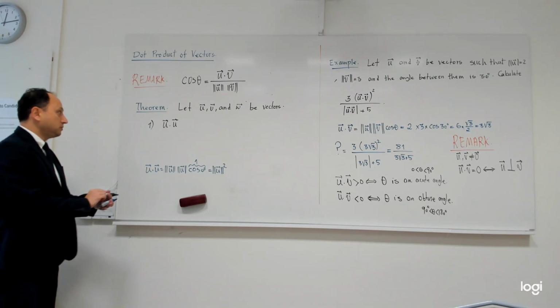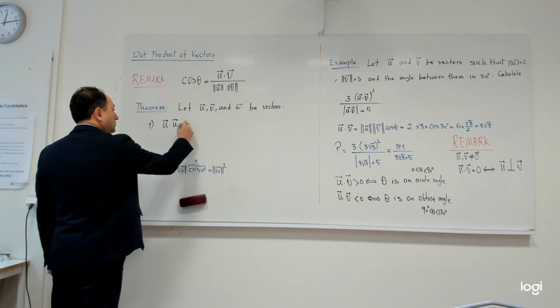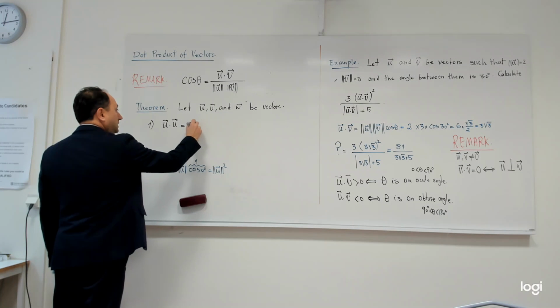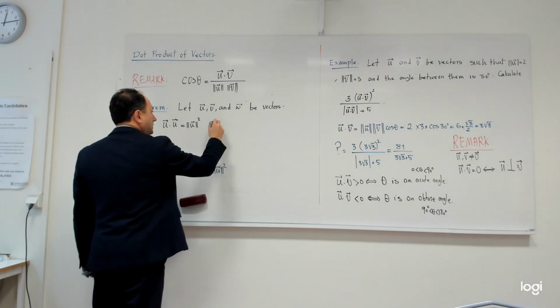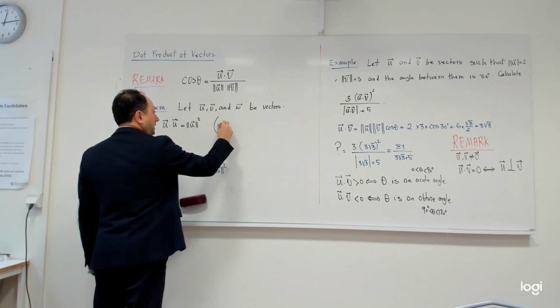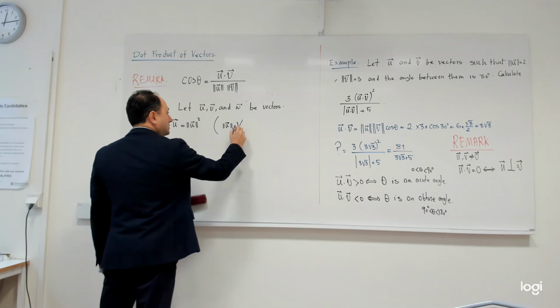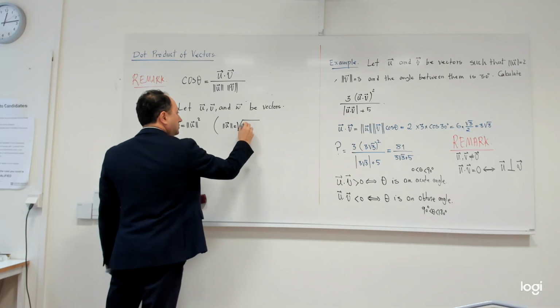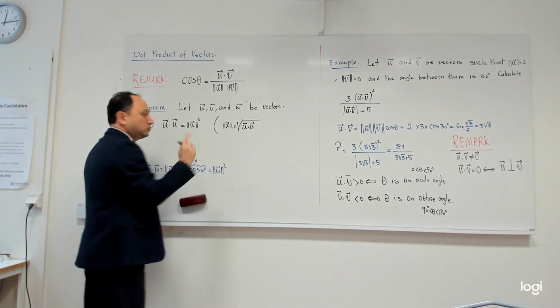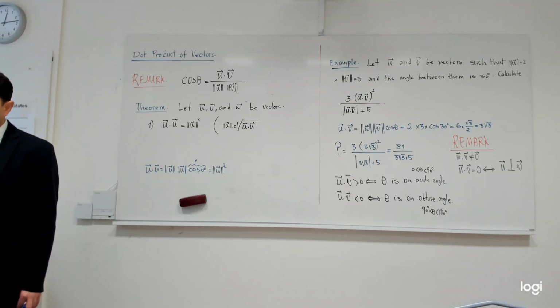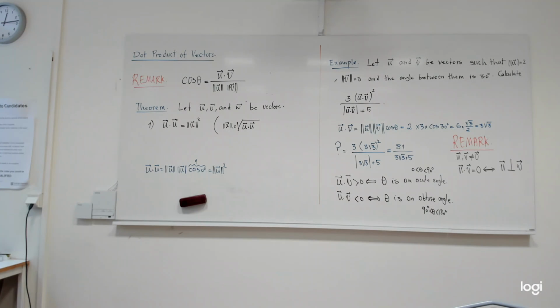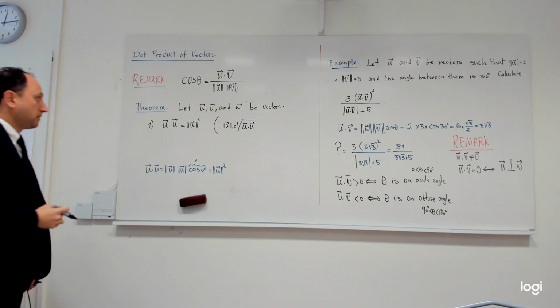So this becomes norm of u squared. Be careful. Sometimes I can write it this way: if you are interested in the norm of a vector, you can write it as the square root of u dot u. Be careful, u dot u is not u squared. u dot u is just u dot u. You have to write it u dot u.